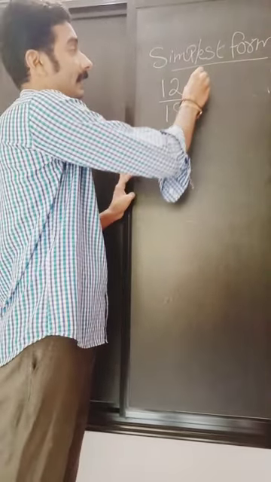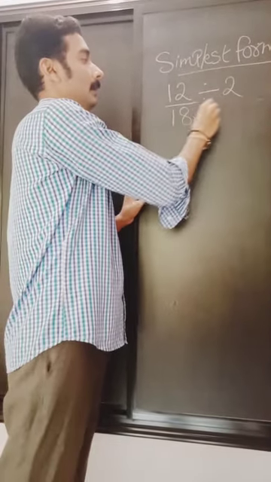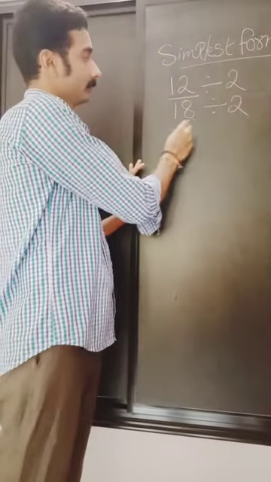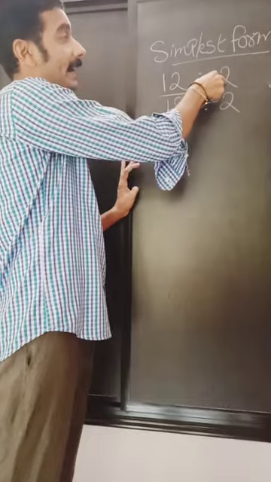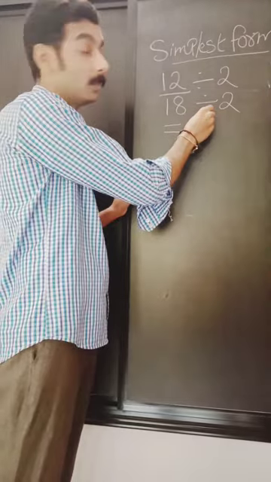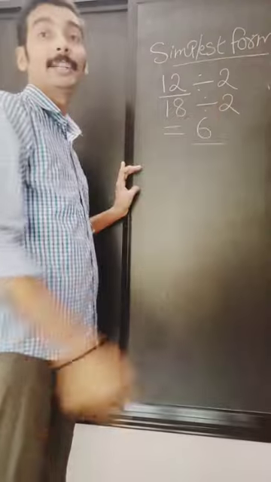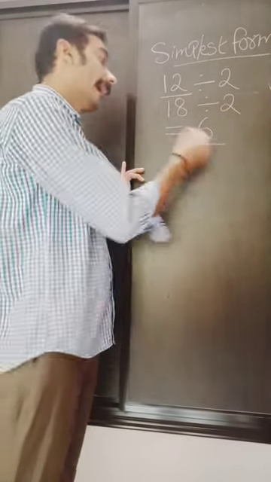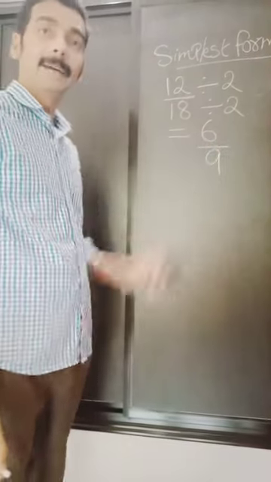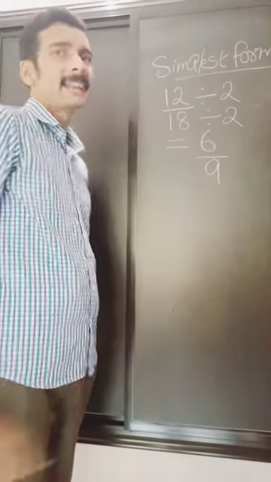We divide by 2. Both we divide by 2. 12 divided by 2 is 6. By 18 divided by 2 is 9. 6 by 9.